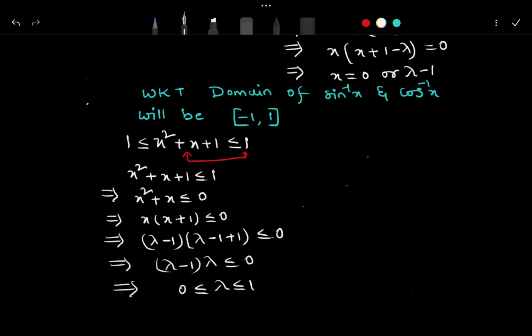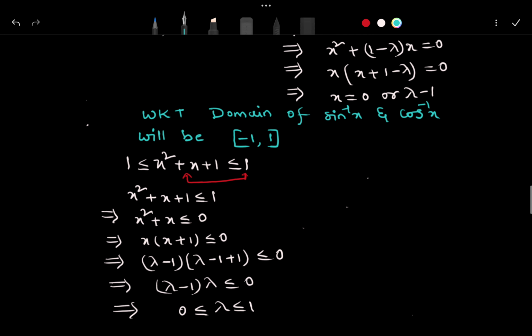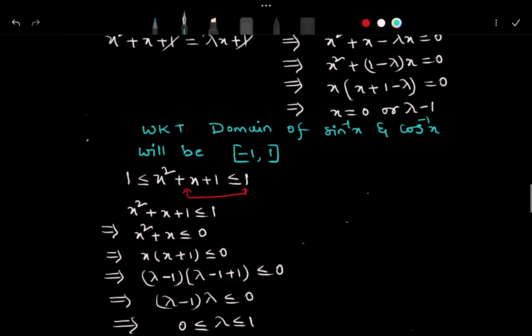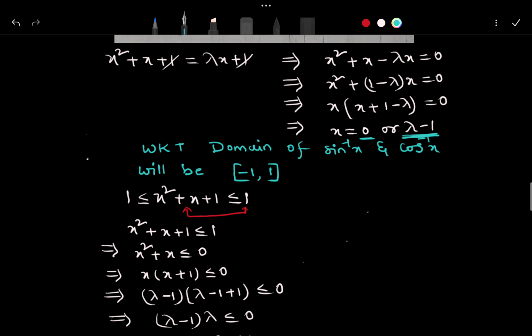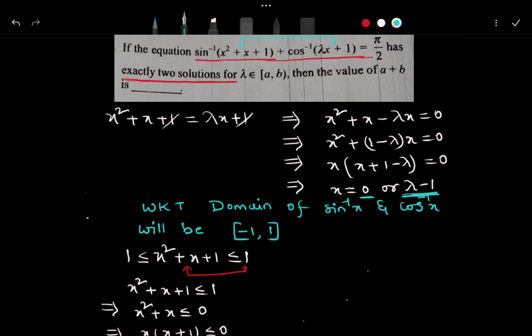But in this one, if you take lambda equal to 1, then the two x values will be equal. But the given equation has exactly two solutions, which means they must be different values.